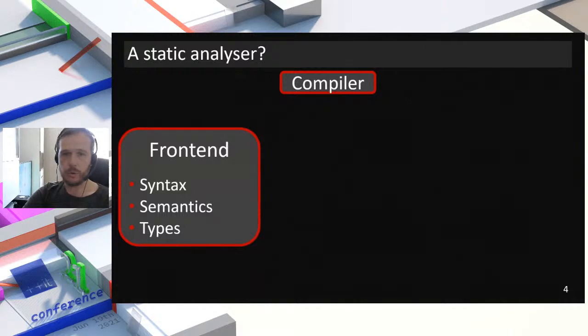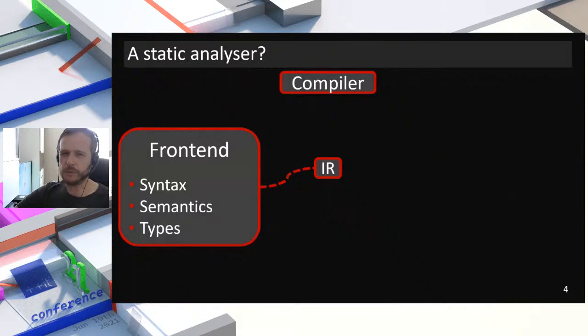This is where your code comes in from the source, and this is where the syntax analysis is performed, semantics are figured out, and the compiler deals with types, because we are working with a strongly typed language, where types are important. After the front end has done its thing, it produces intermediate representation.